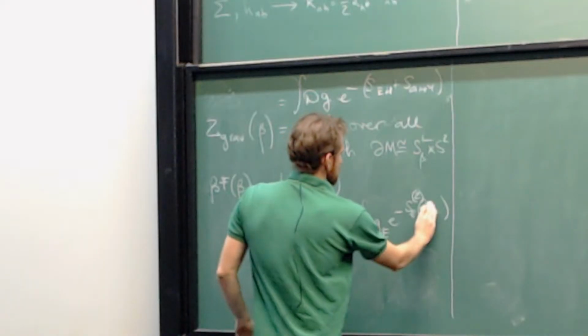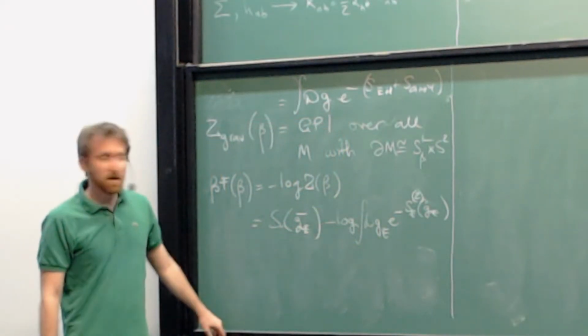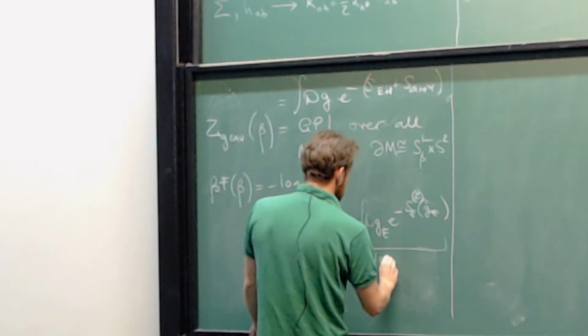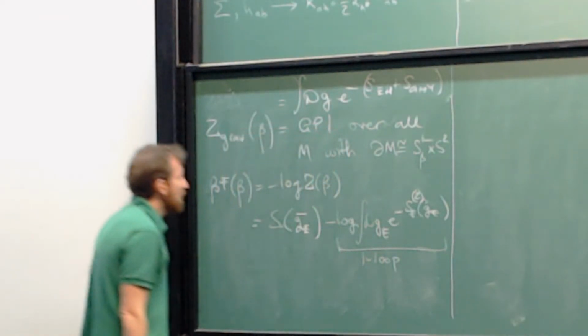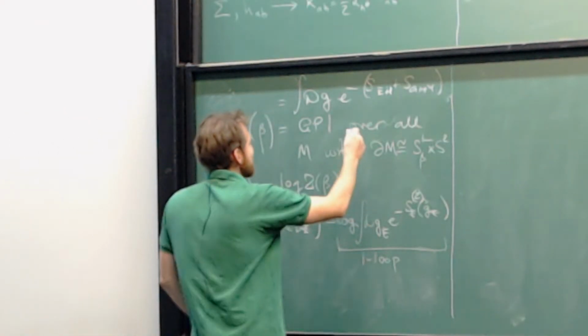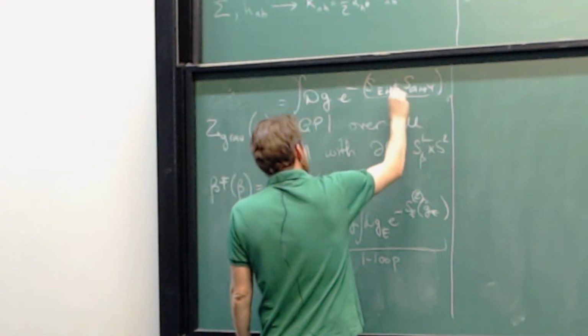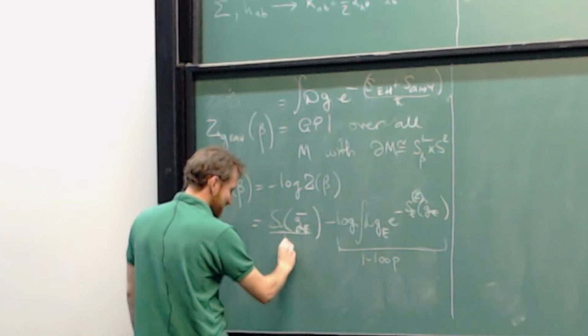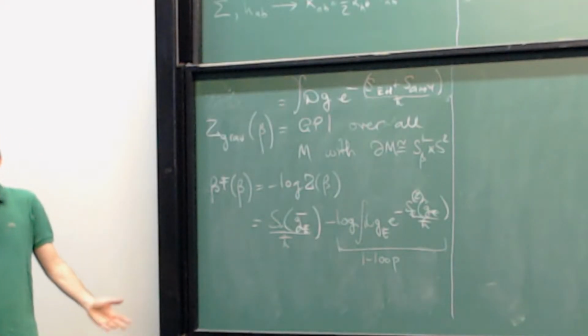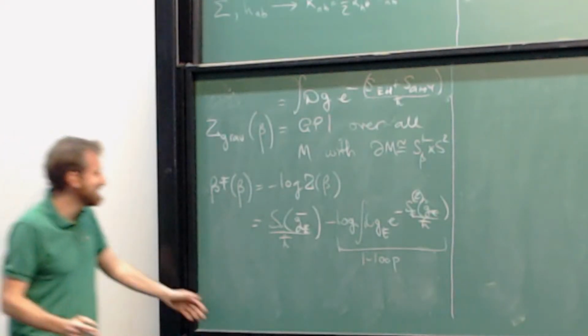Evaluated on the fluctuations, since I'm integrating. This thing I'll call the one loop. I've done something wrong, I'm sorry. I set h bar to 1 in my head. This is because I've never set h bar different to 1 in my entire life, basically.